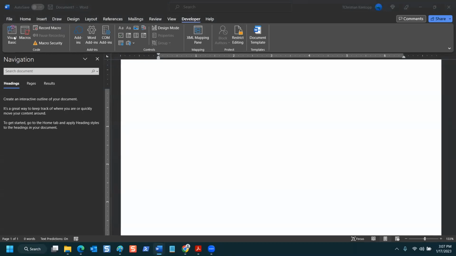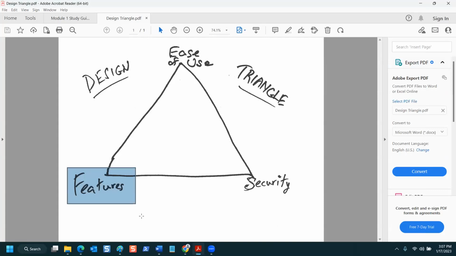And when you get to the developer ribbon, unless your Word user is familiar with things like mail merge, where you're tying in a database so that addresses are automatically populated in a form letter, or coding elements like checkboxes, text fields, combo fields, and drop-downs, right? Whoa, that's a lot of stuff.